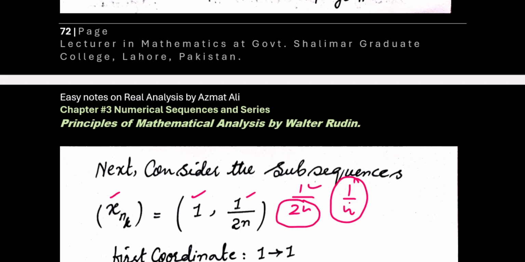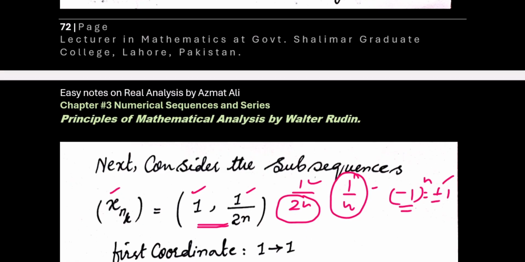The first coordinate is a subsequence of minus 1 raised to power n, because for all integers minus 1 raised to power n is either plus 1 or minus 1. It has only two outputs, so I am considering plus 1. So this is a subsequence in R square of xn.